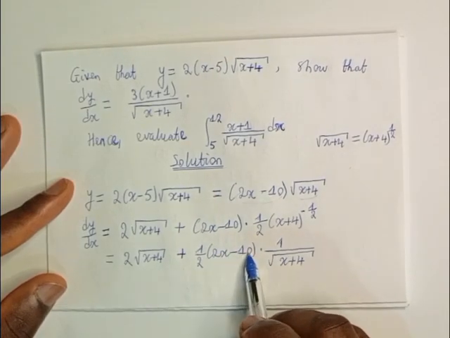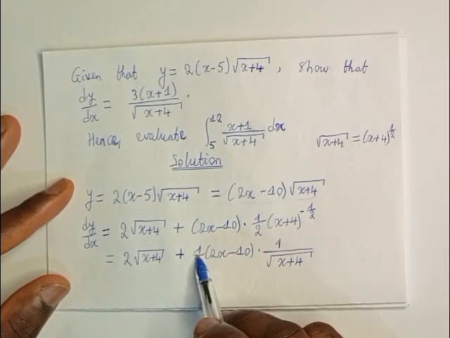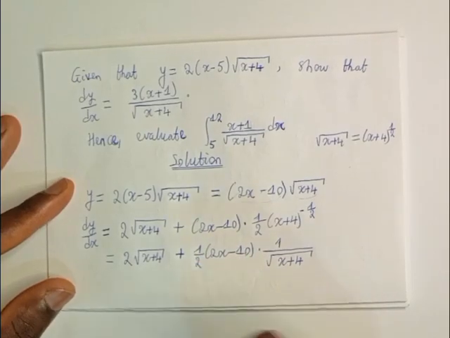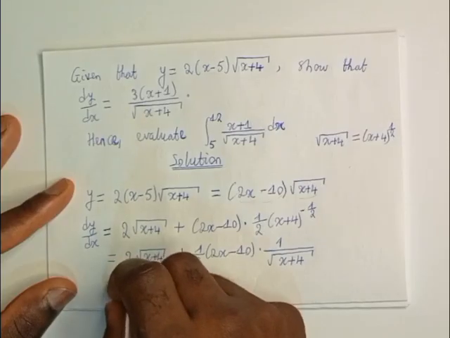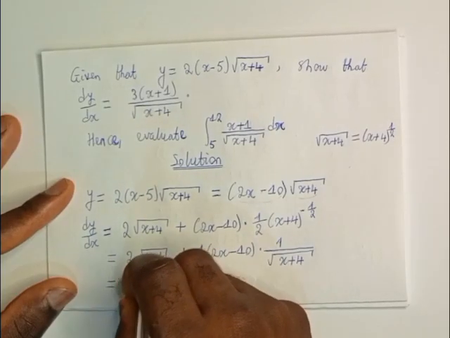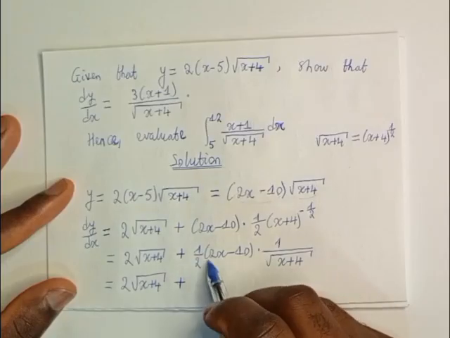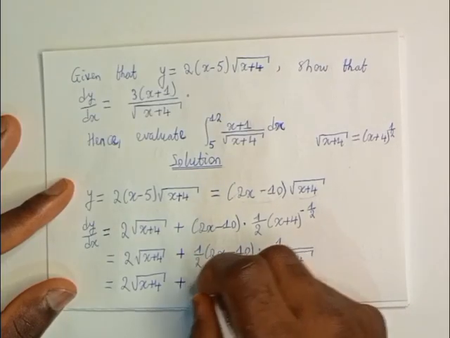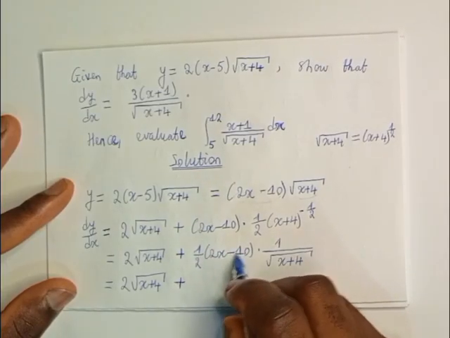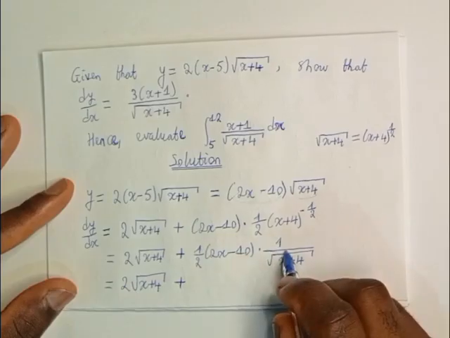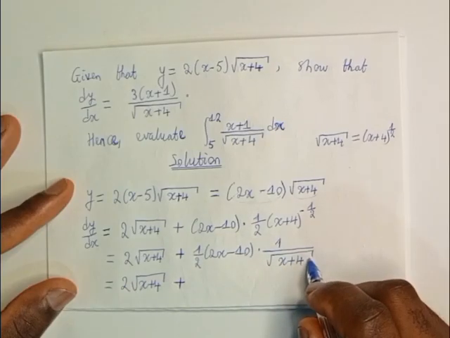In 2x minus 10, we can factor out 2. When it goes out, 2 times a half gives us 1. So this will equal 2 root x plus 4 plus x minus 5. We will be left with x minus 5 times 1 on root x plus 4.